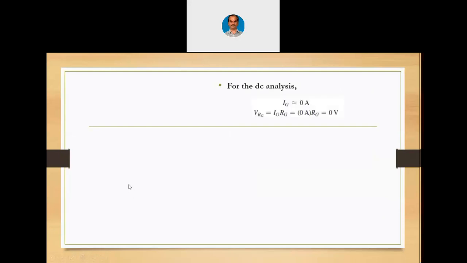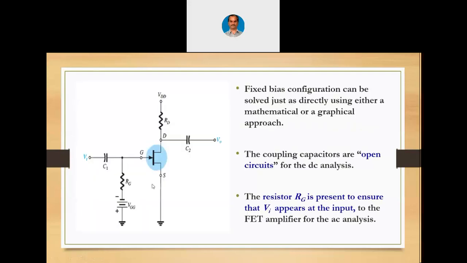Now for the DC analysis, IG is 0 amperes, VRG equals IG RG. So VRG is 0, which means across this gate resistor there will not be any voltage drop. We have connected this gate resistor only for the input to get into the gate.